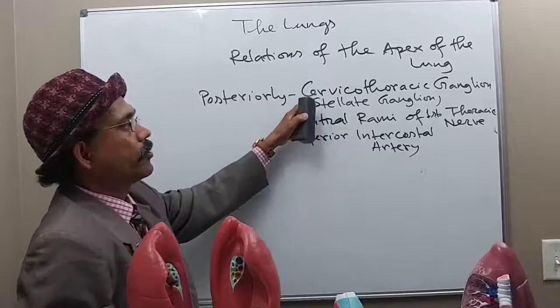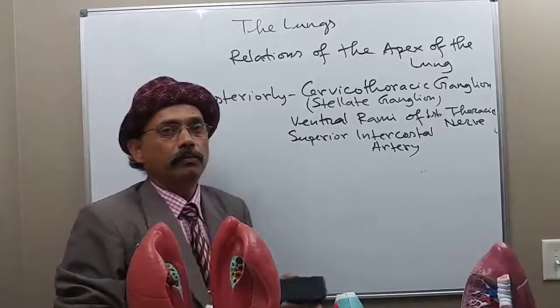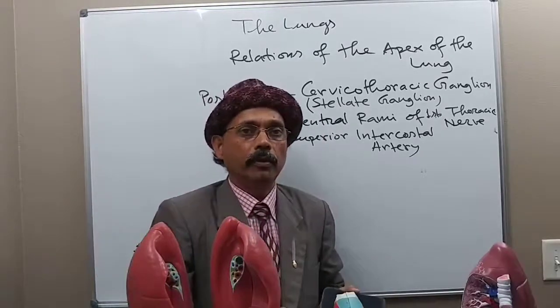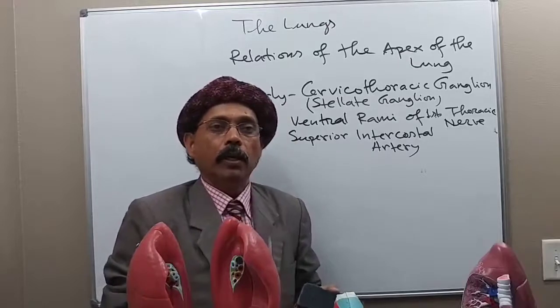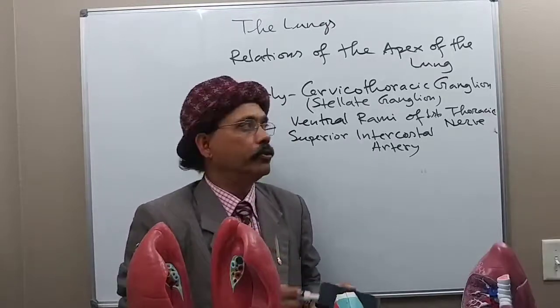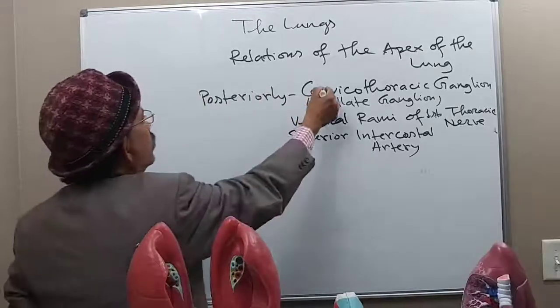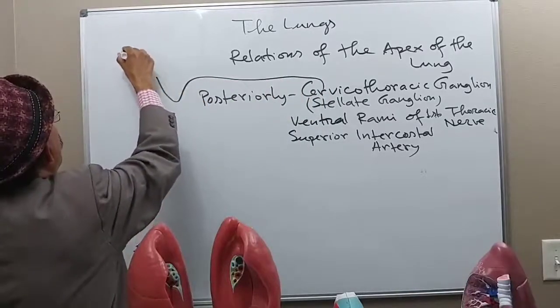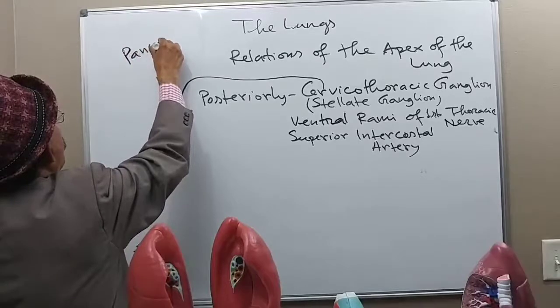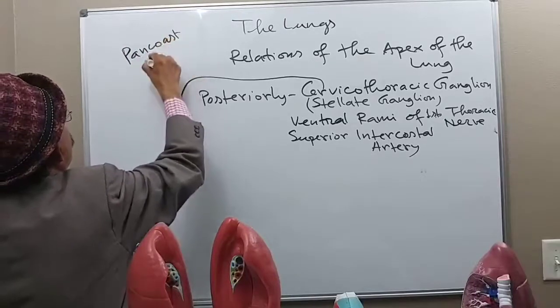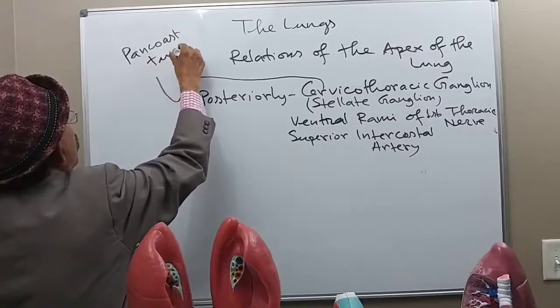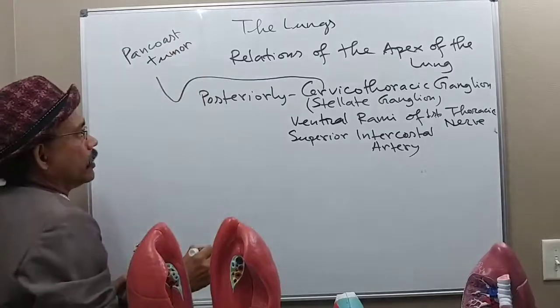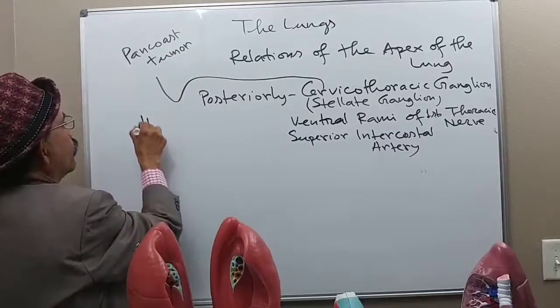This is very important: the cervicothoracic ganglion may be compressed in case of apical lung cancer, which we call a Pancoast tumor. The cervicothoracic ganglion may be compromised in an apical lung tumor, which may lead to Horner syndrome.